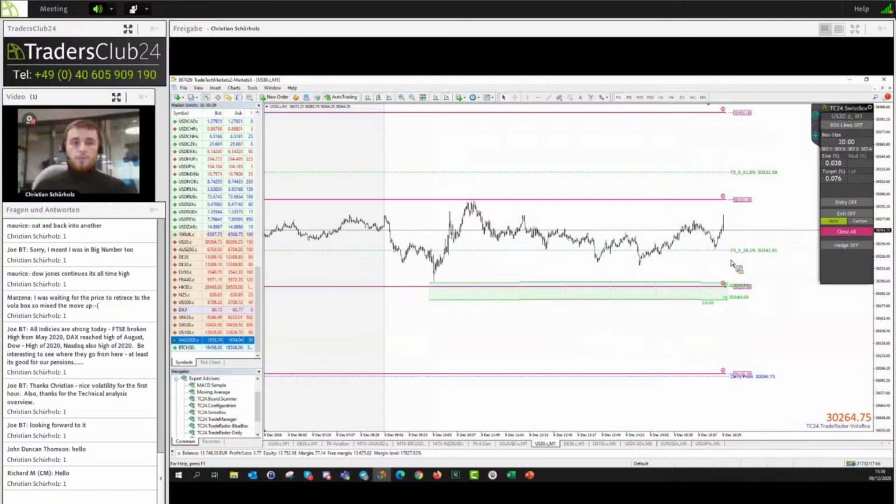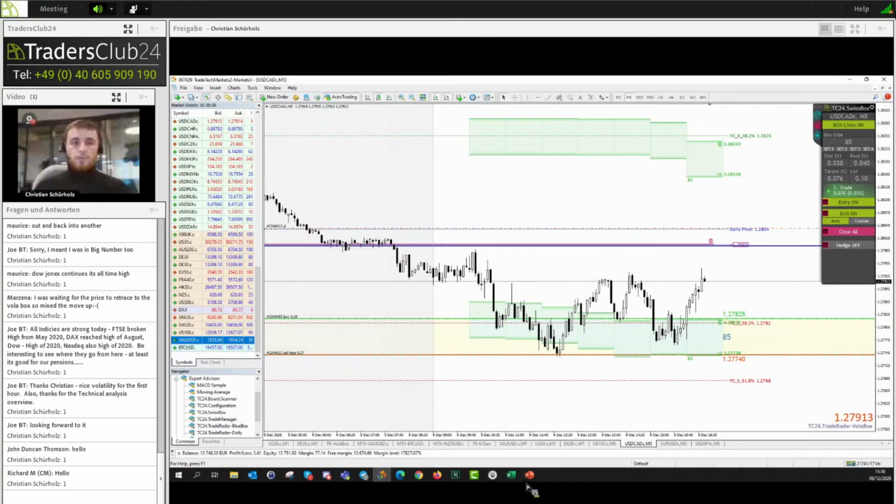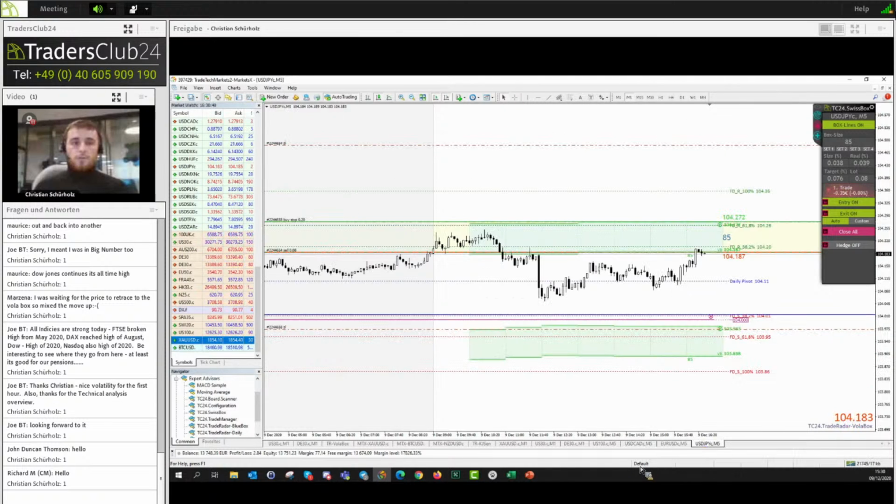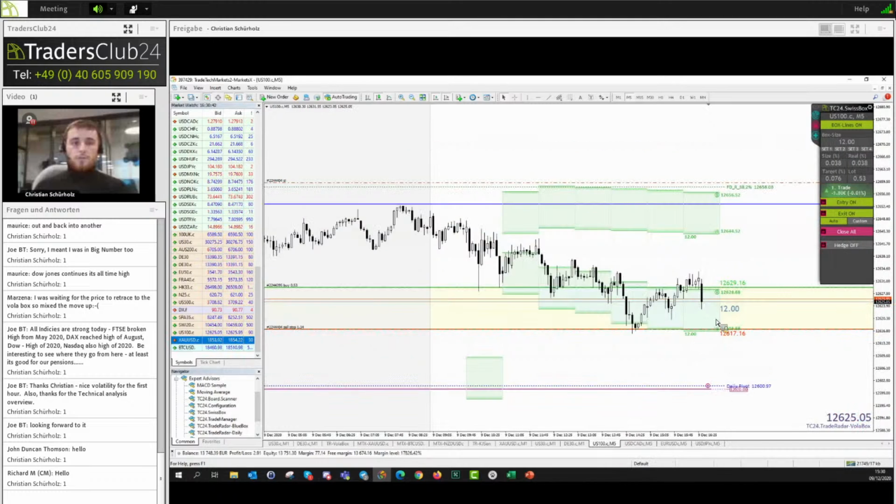We've got the movement here on Dow Jones. Big price movement candle there. USD CAD is at a bit of a standstill. Nasdaq took a hit.